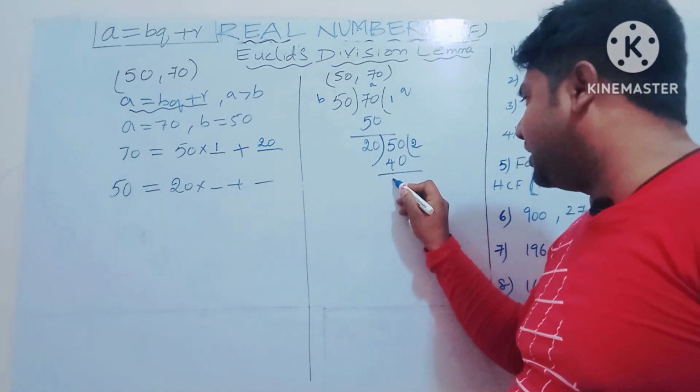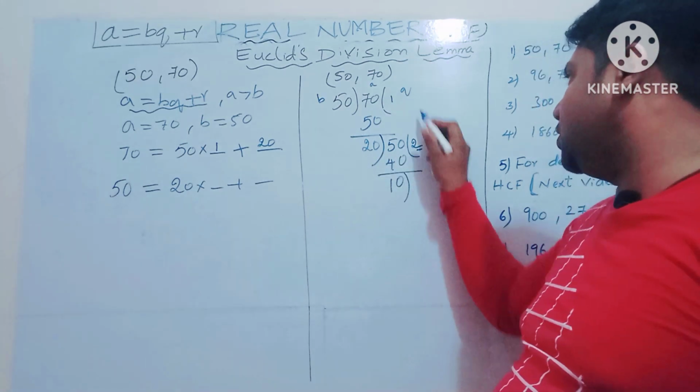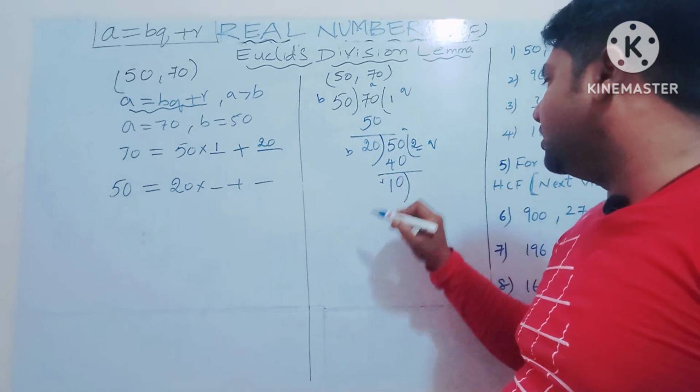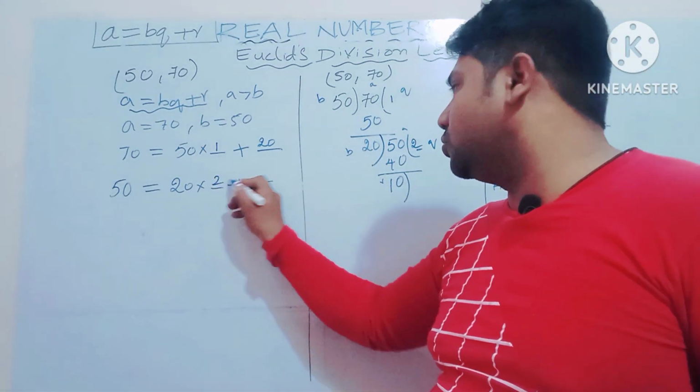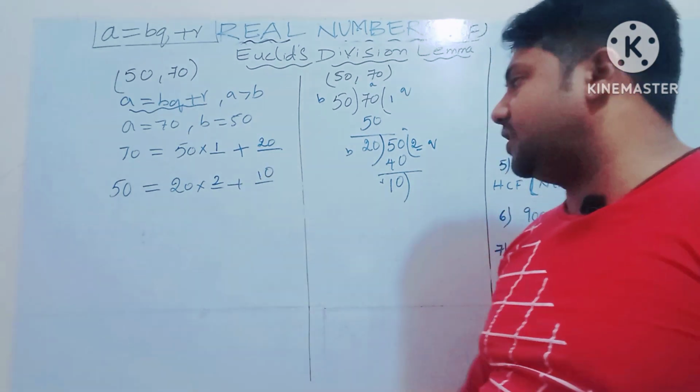So what is the remainder? 10. Here is Q, here is B, here is A, here is R. So 20 2s are 40, and the remainder is 10.